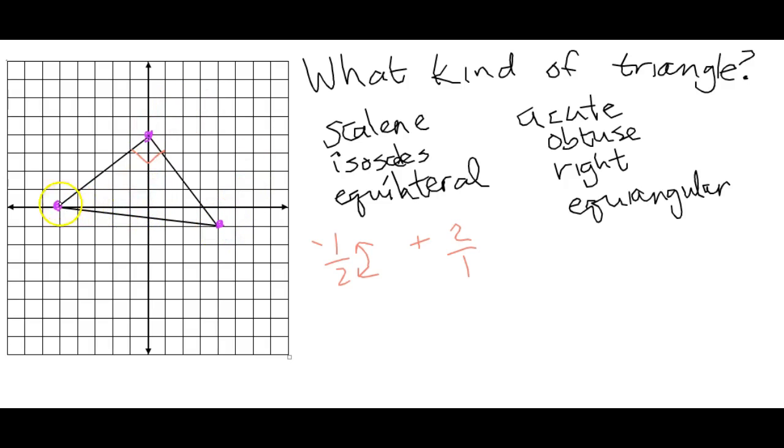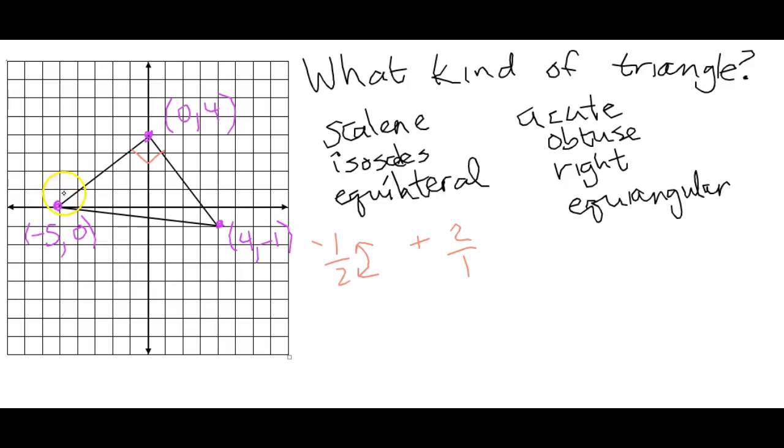If we count left 1, 2, 3, 4, 5, that's -5, and we did not go up or down, so 0. We count up 1, 2, 3, 4: 0, 4. We count right 1, 2, 3, 4, and down 1, so 4, -1.